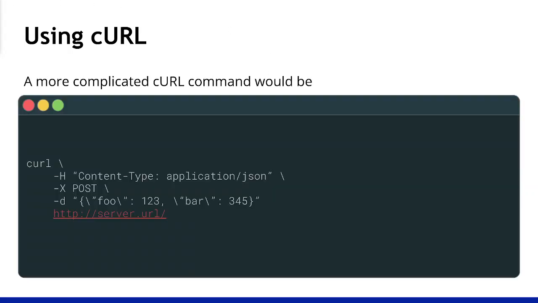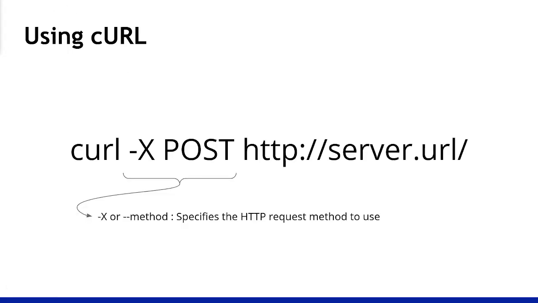So a more complicated curl command could look like this. We have this -H option. We have this -X, -D. So what are these? Well, like I mentioned, -X specifies the HTTP request method to use. Potential request methods are GET, POST, OPTIONS, PUT. There's quite a few. But the most common two are going to be GET and POST.